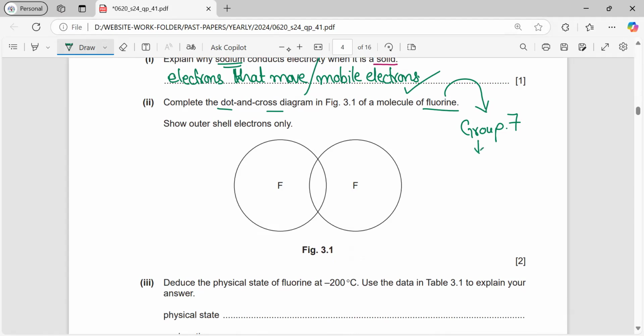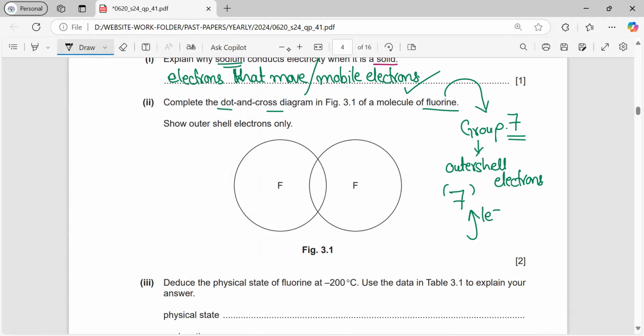And as we know, the group number tells us the outer shell electrons. So if the fluorine is in group number 7, that means it must be having 7 electrons in the outer shell. So it needs only 1 electron to get completed.